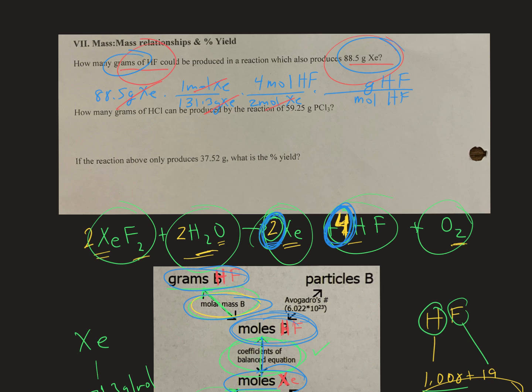So how many moles do we know the mass of? 1 mole has a mass of 20.008 grams. Y'all with me? And you multiply and divide all that stuff, and we get 27.0 grams of HF.